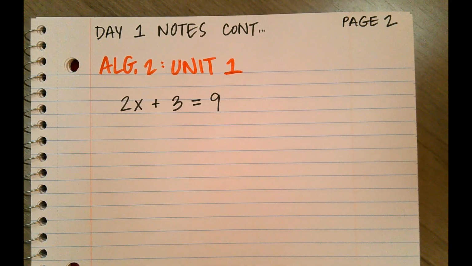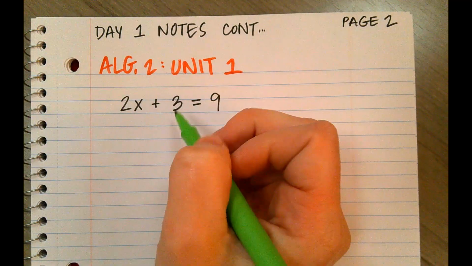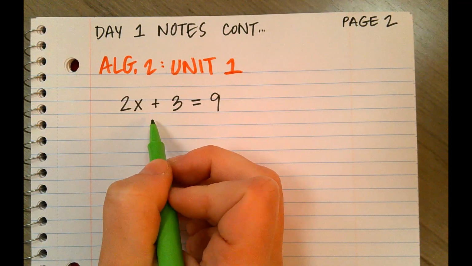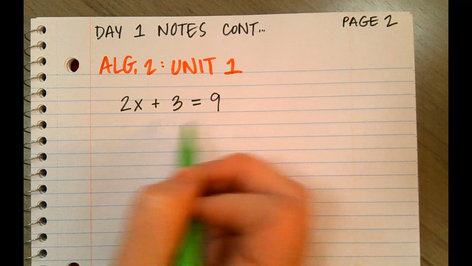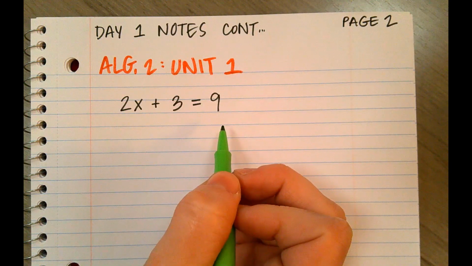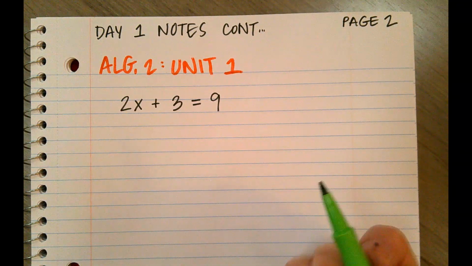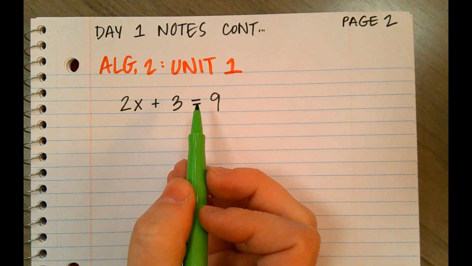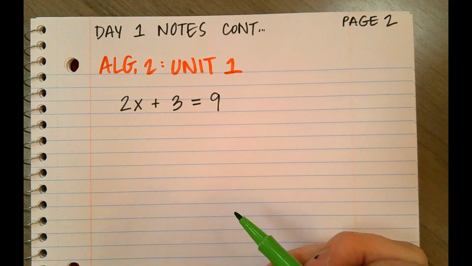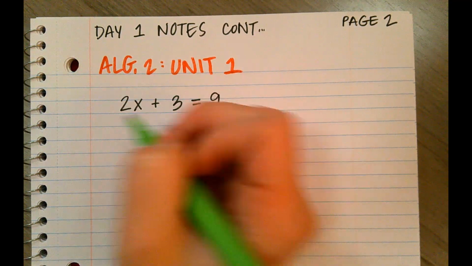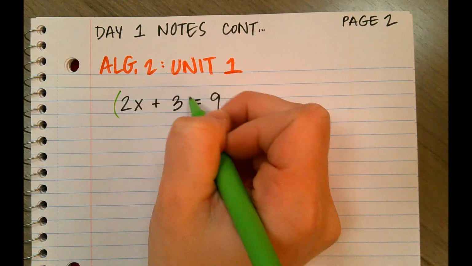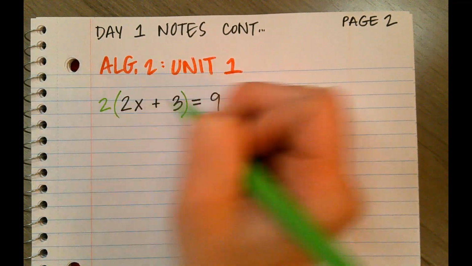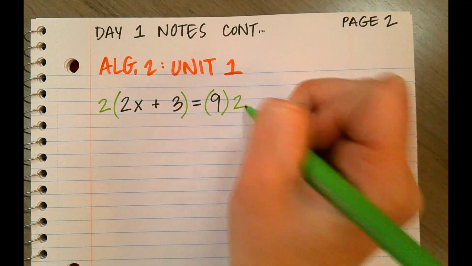So let me ask you this. Just like if I were to start solving this, I would subtract 3 from both sides, right? We're all on board with that. So I'm doing the same thing to both sides. What if I just did something totally random? What if I did this side times 2 and that side times 2?